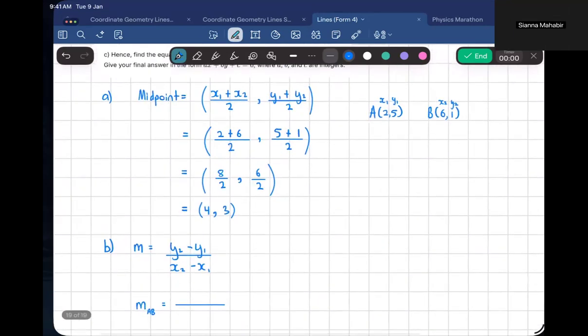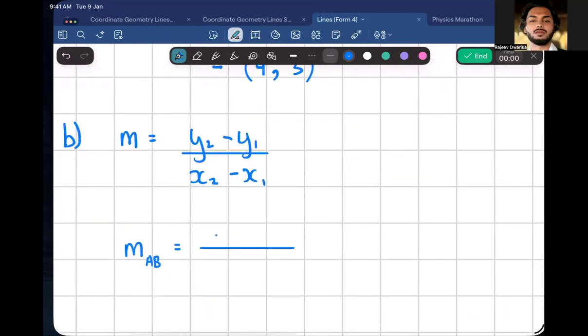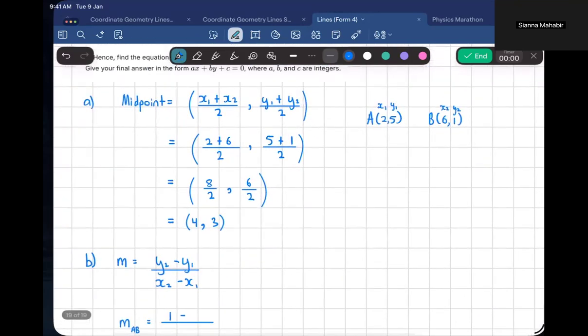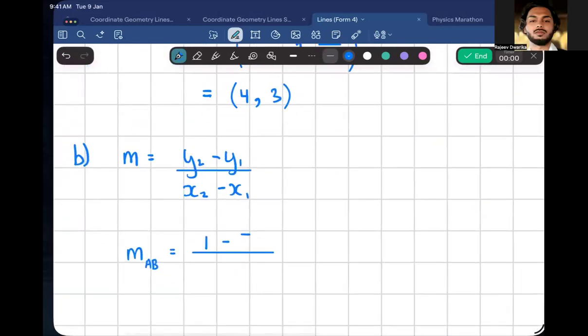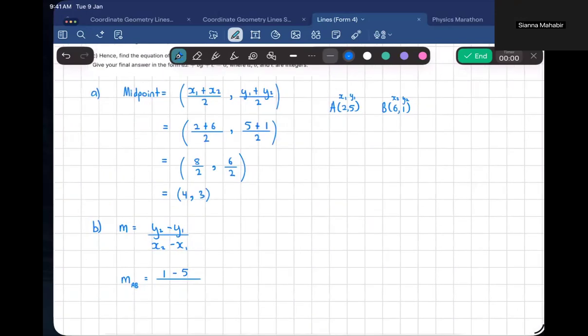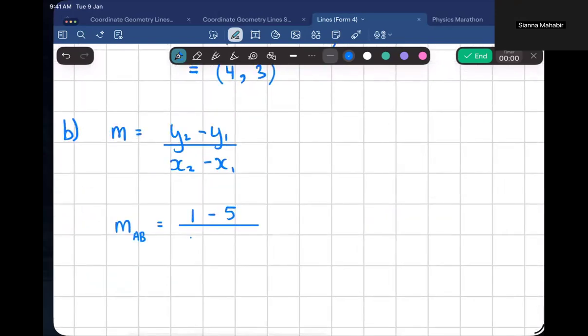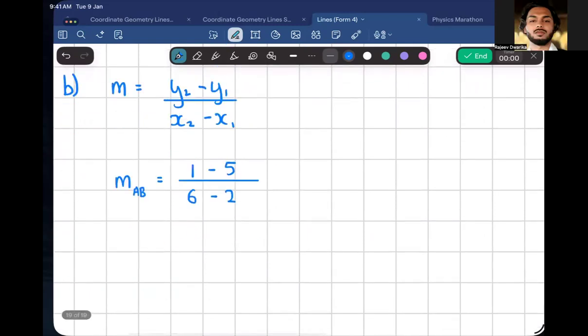So y2 would be 1 minus 5, all over x2 minus x1. So that would be 6 minus 2. Right. What is 1 minus 5?